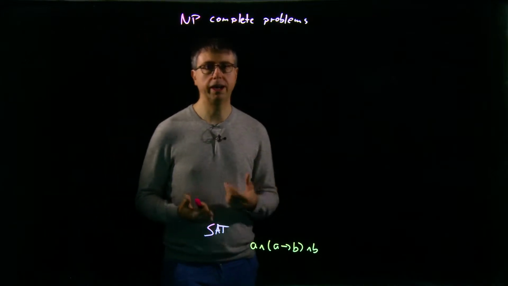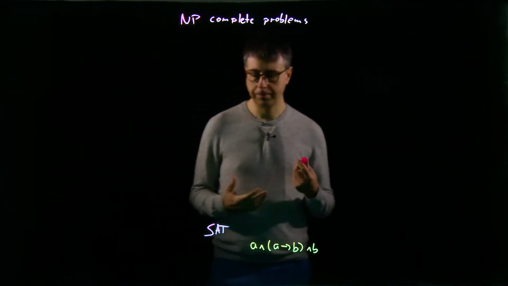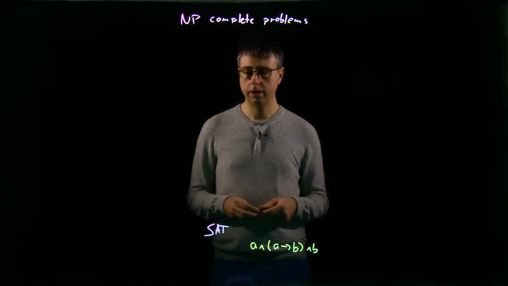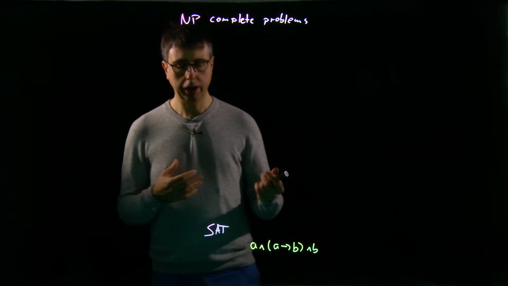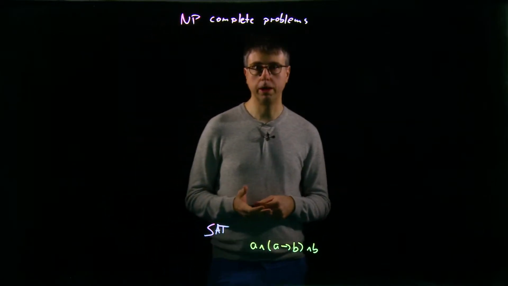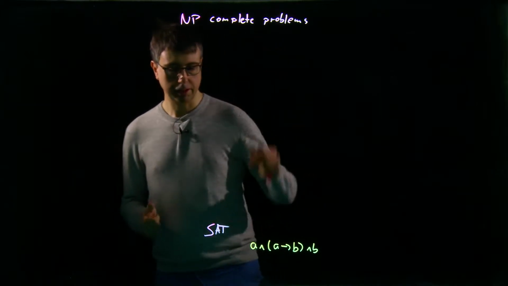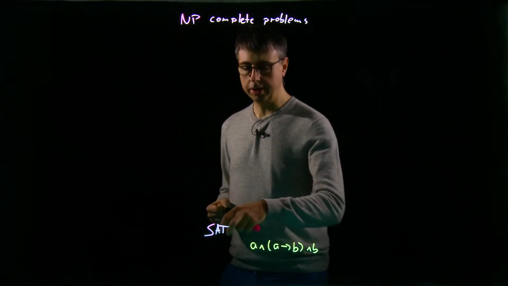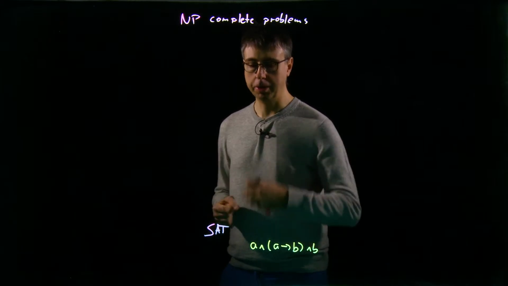To prove NP-completeness for other problems, we still use polynomial time reductions, but now we reduce the satisfiability problem to these problems.